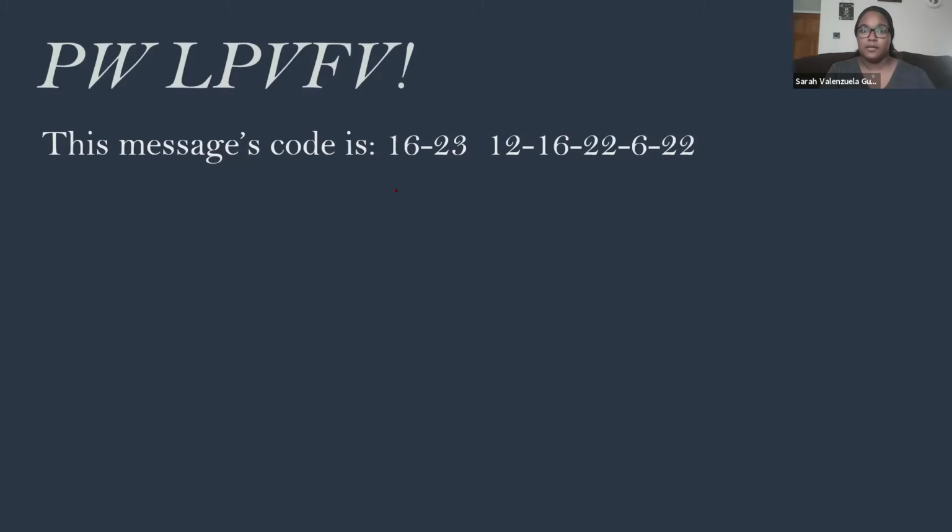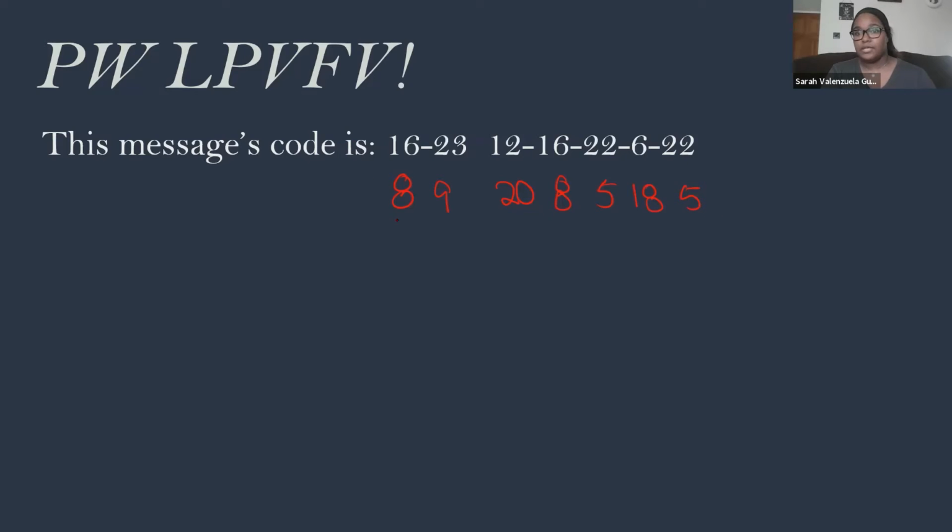So we had 16 with x value 8, 23 with x value 9, 12 with x value 20, 16 with the x value 8, 22 with x value 5, 6 with x value 18, and 22 with x value 5.